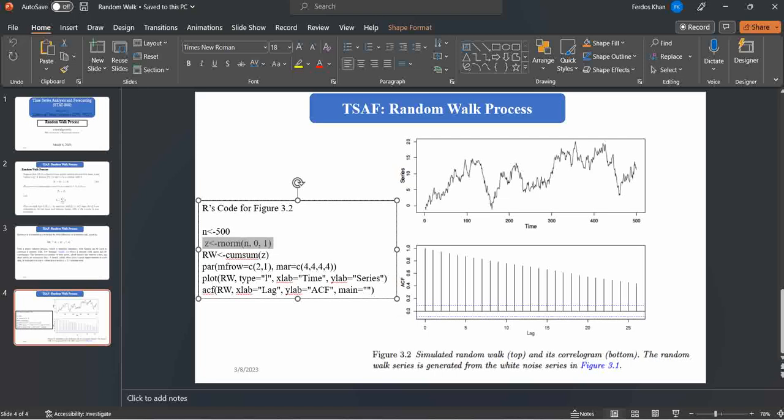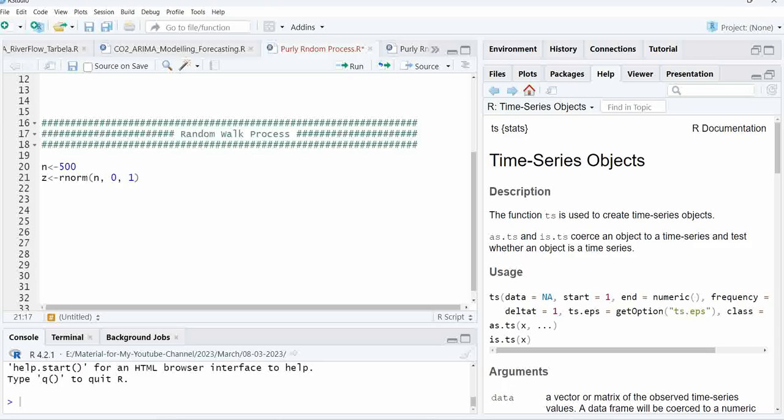This means that this is a purely random process, as mentioned in the theory of the random walk process. And then from this purely random process we will make the random walk process. So let's run this. Okay, this is working.